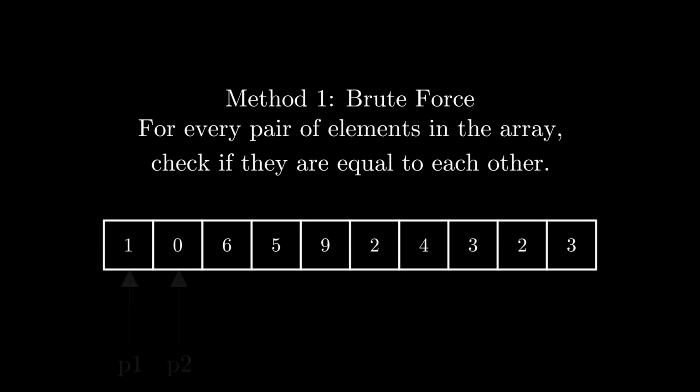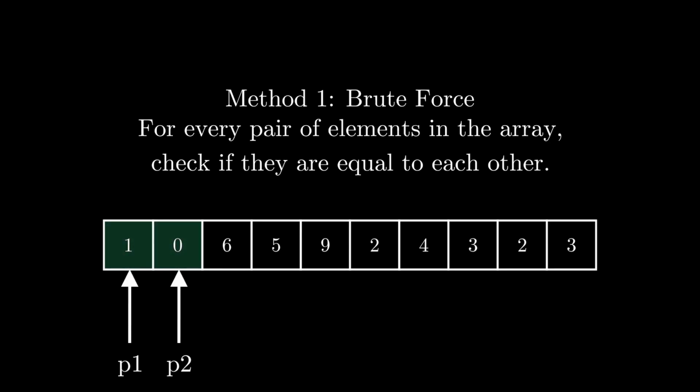Let's imagine that P1 and P2 store indices in the array. As you know, indices for arrays start at 0. Currently, P1 is at index 0 and P2 is at index 1 in the array.